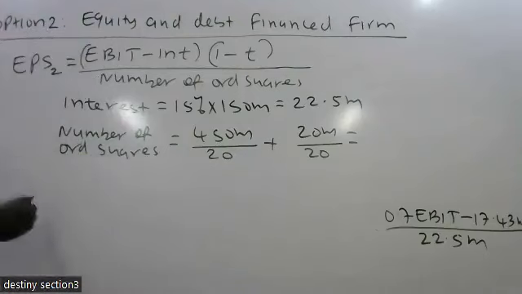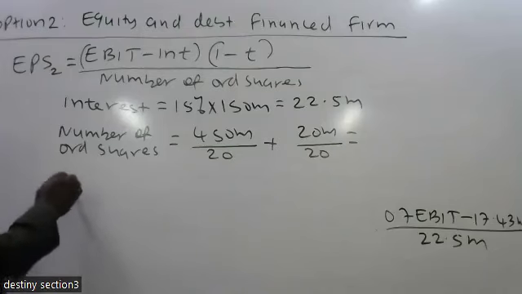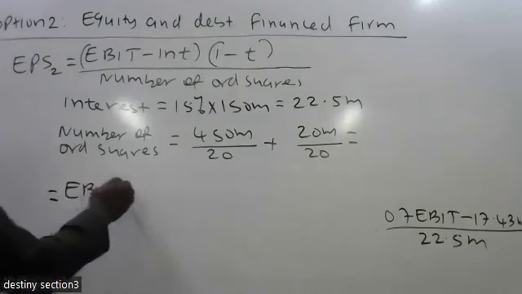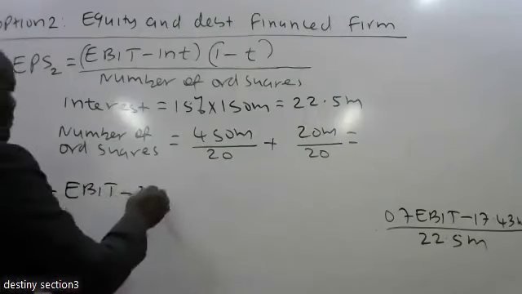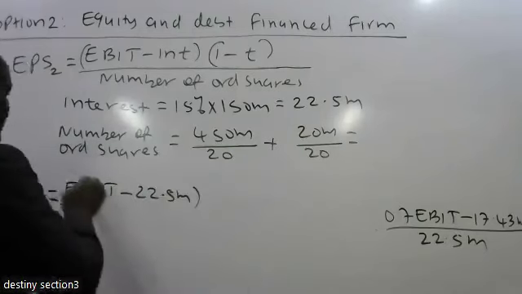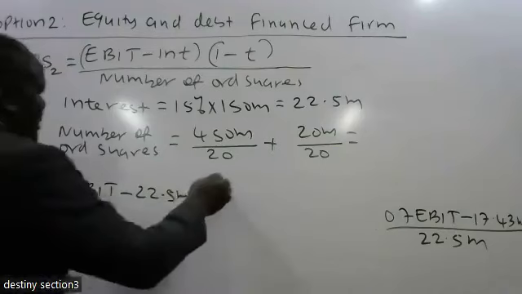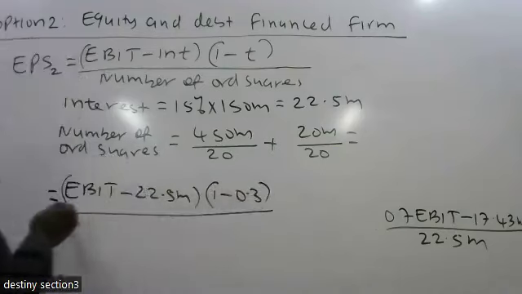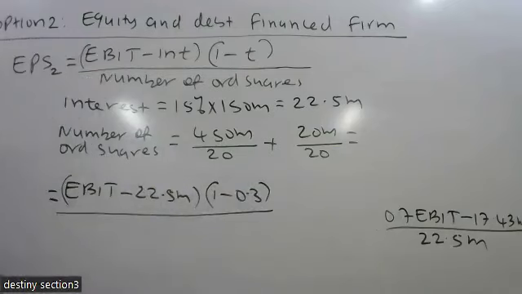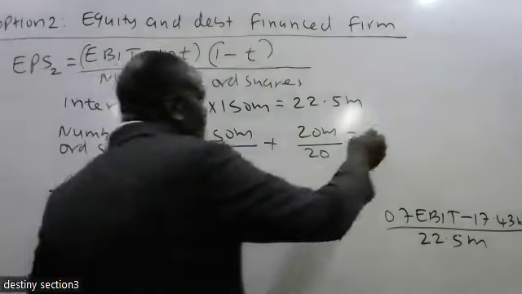So now the question will be earnings before interest and tax. We subtract interest, which is 22.5 million. Then we multiply by 1 minus the tax rate. Then the number of the ordinary shares are how many?